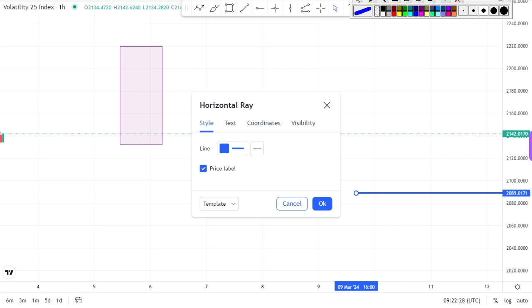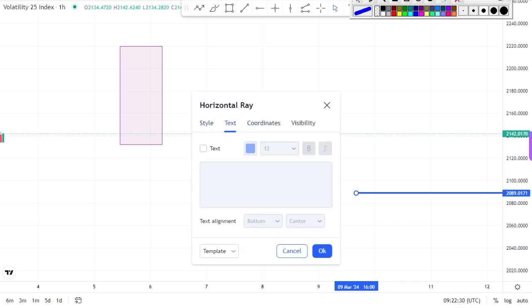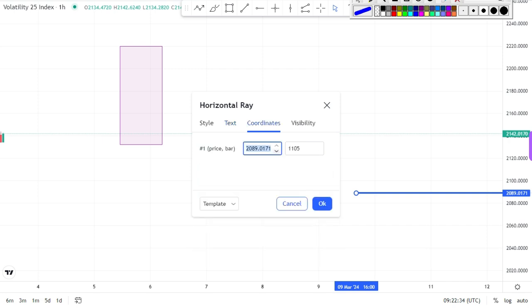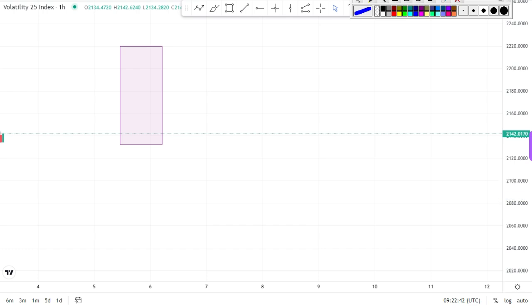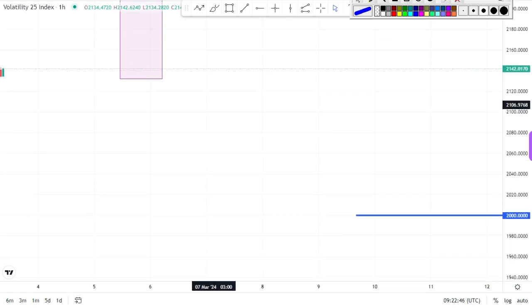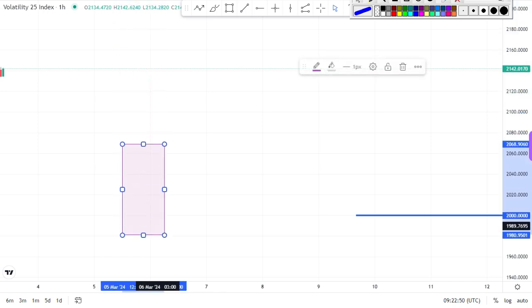I just want you to understand this liquidity concept. So let's say I put in 2000, it should be somewhere down here. So this phone is sold at 2000 at a particular point in time.